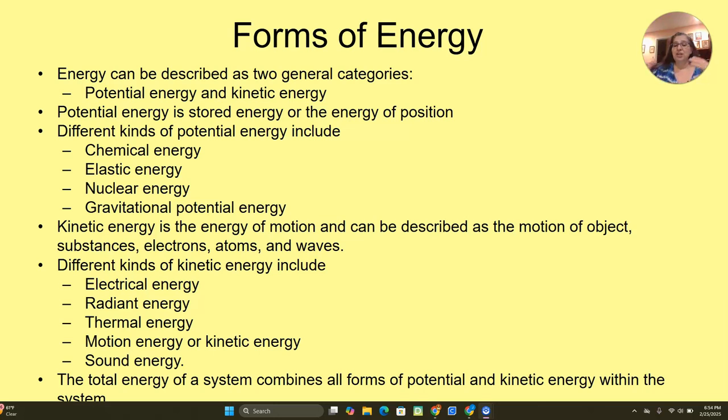The energy of that system takes into account the air and the water and the cold water. We can look at the total energy of the system and evaluate all of the different types of potential and kinetic energy within that system. It's a little harder to do with just one object, but if we look at the system as a whole, we can evaluate how all these different types of energies work together.